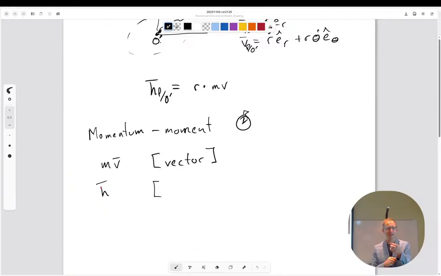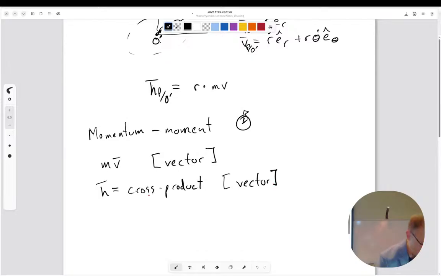Ooh, a cross product? Oh man, you jumped right to the conclusion. So it's a cross product of what? Of vectors? Okay, so it's some kind of cross product.